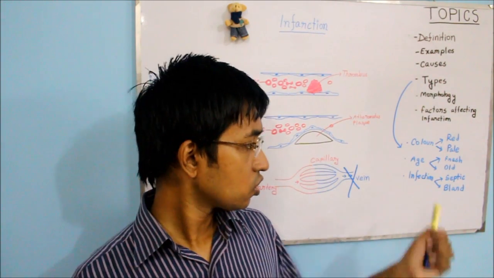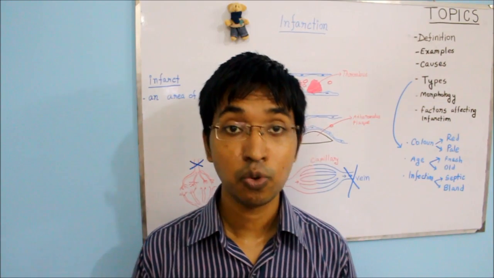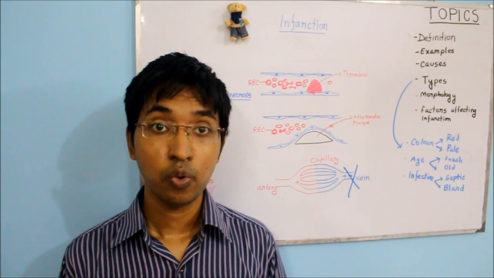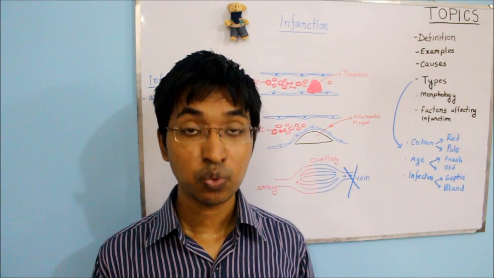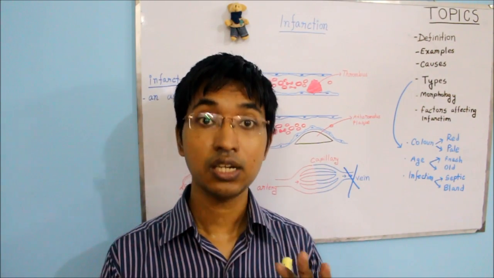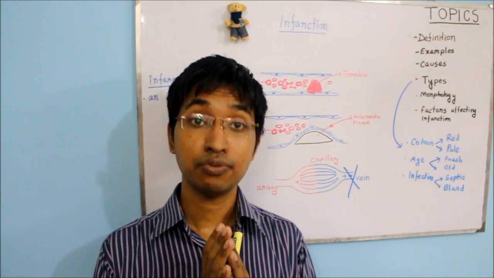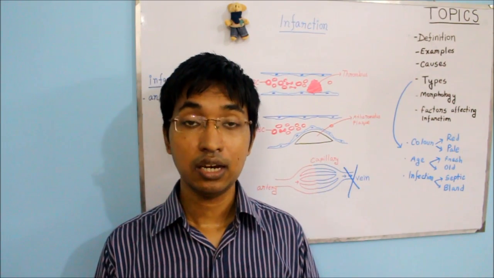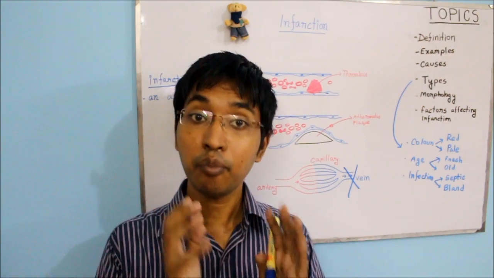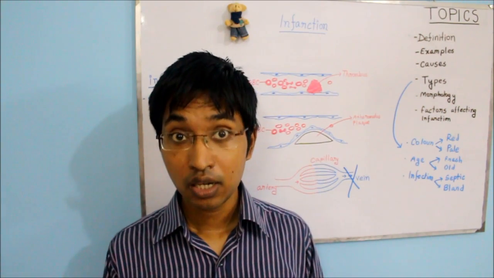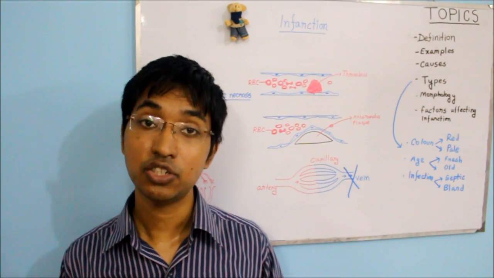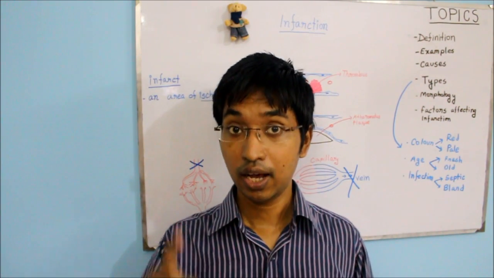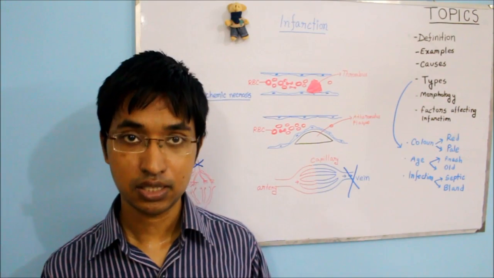So what are the causes of septic infarction? One of the most common causes is when a vegetation from an infected heart valve detaches, and later that becomes an embolus, goes to a distant site and then blocks that distant circulation, and results in ischemia and infarction, and that infarction will be infected.